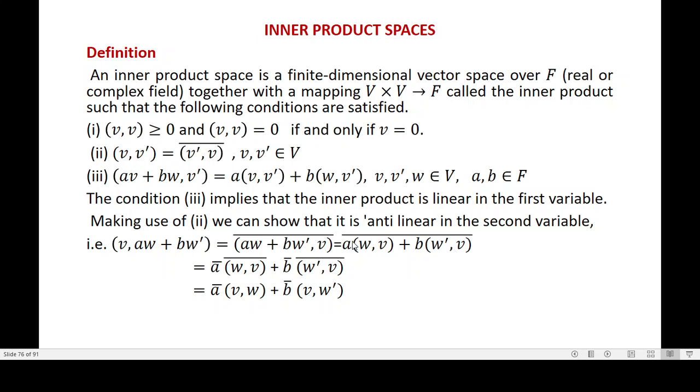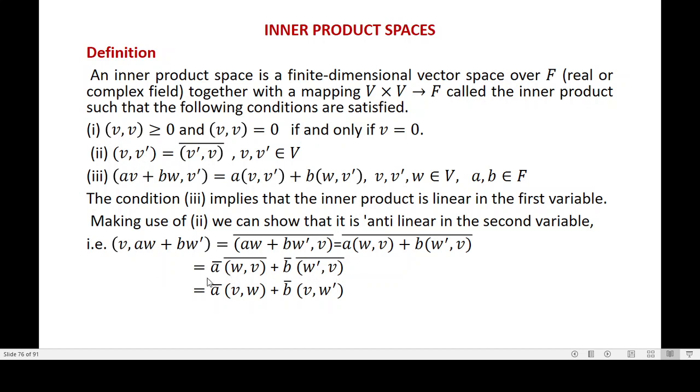Now that is equal to a bar times the conjugate of the inner product of w with v plus b bar times the conjugate of the inner product of w dash with v, isn't it?